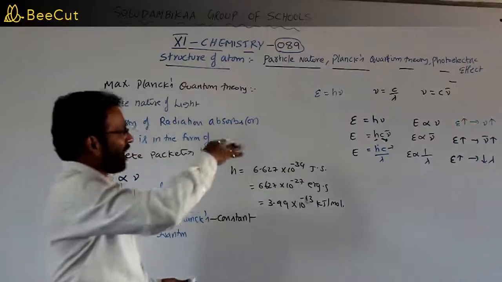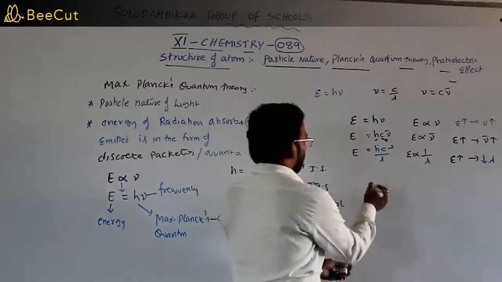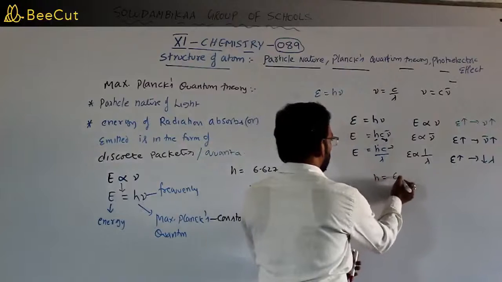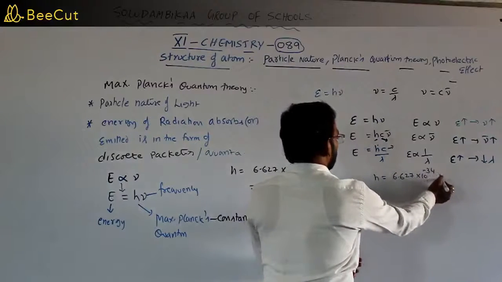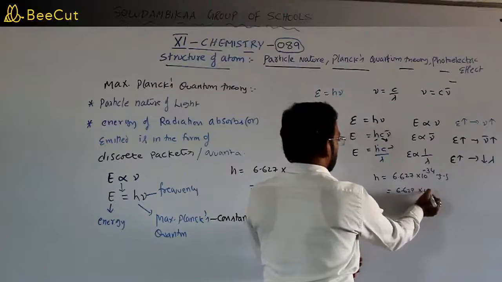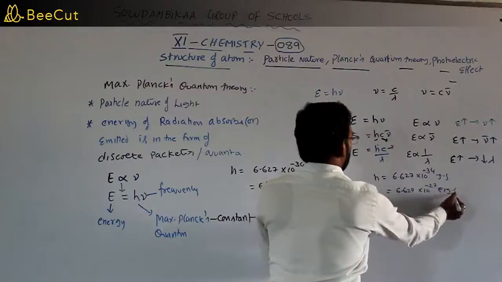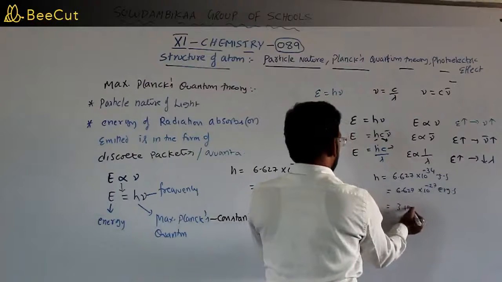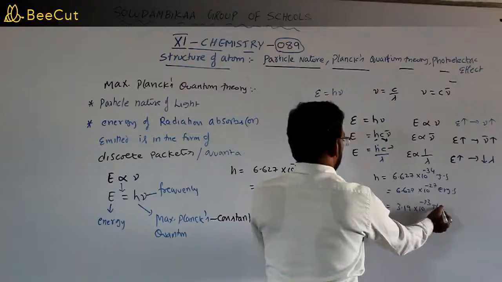Related problems can also be asked. Here the h value is 6.627 into 10 to the power of minus 34 joule second, or 6.627 into 10 to the power of minus 27 erg second, or we can write 3.99 into 10 to the power of minus 13 kilojoule per mole.